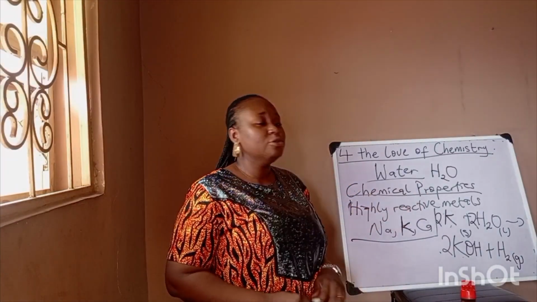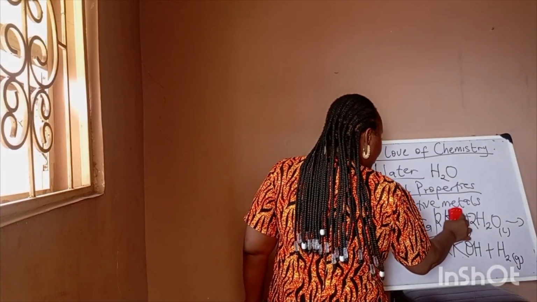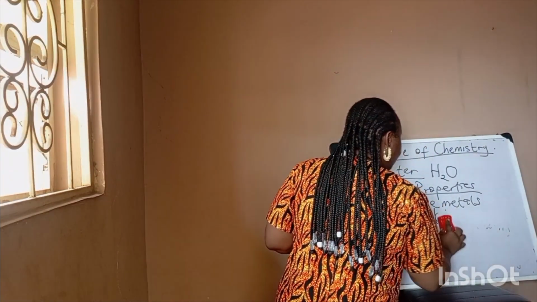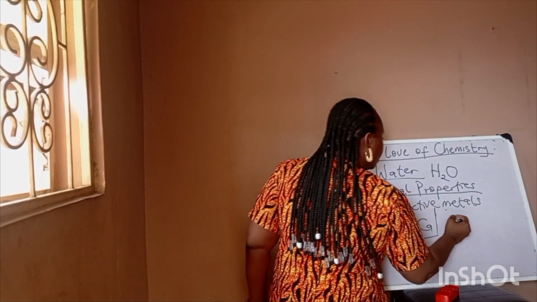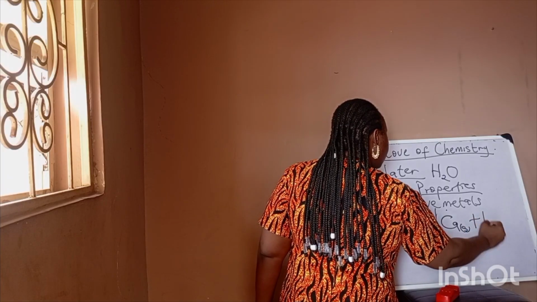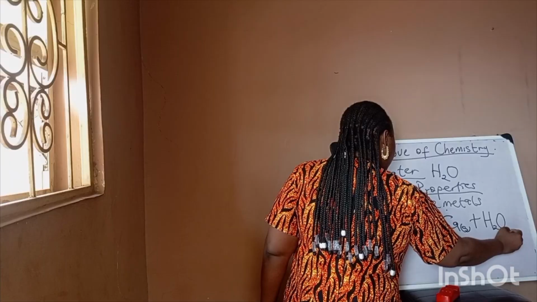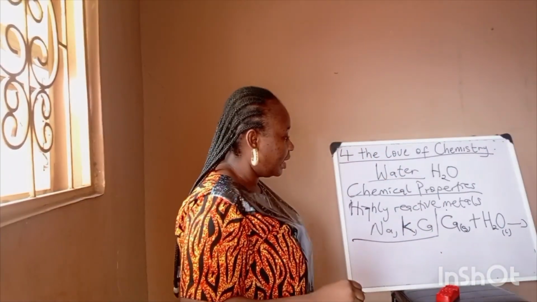Okay, so this is what it's all about. So for calcium, which has a different valency, I'll have an equation that looks like this. Calcium solid plus water. Remember, the moment you are told, you already know what the reactant will look like.